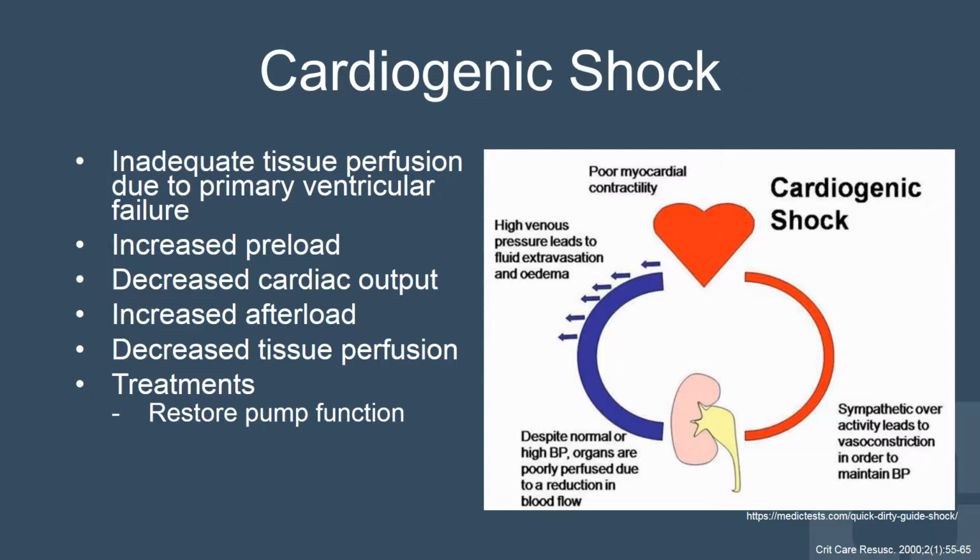And then we see decreased tissue perfusion, again, because that heart muscle cannot pump blood to the rest of the body. Treatments are to restore the pump function. So if you have a myocardial infarction, going in and stenting the area, improving that blood flow to the heart, and hopefully the heart will restore the function that it has and will be able to reverse this cardiogenic shock.